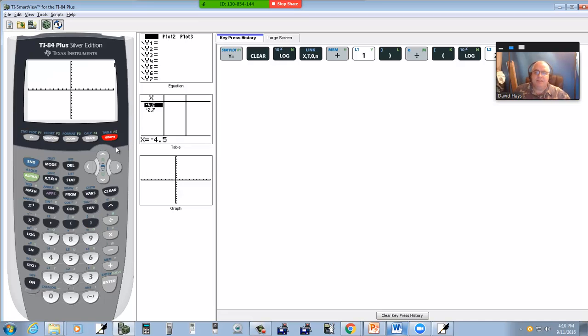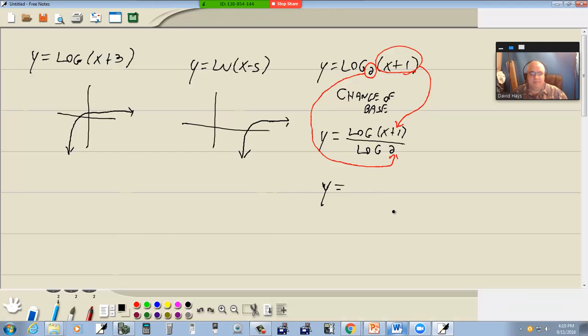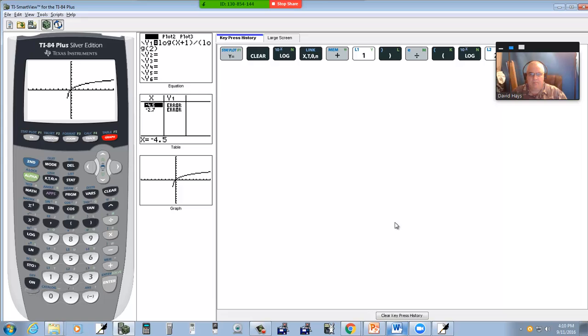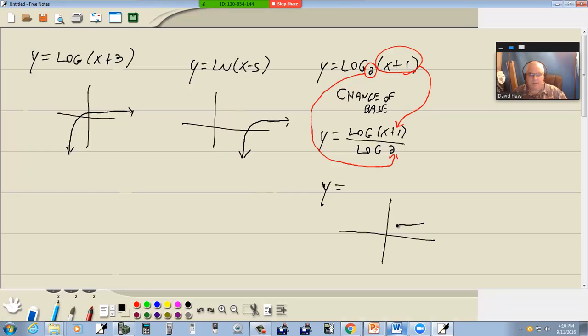Now if I graph this, it's almost what our graph looks like. More or less, that's what your graph looks like for that particular one. So anytime you have a base other than 10 or e, the log and the ln, if you have any number there, then you have to use change of base. I'm going to clear this off.